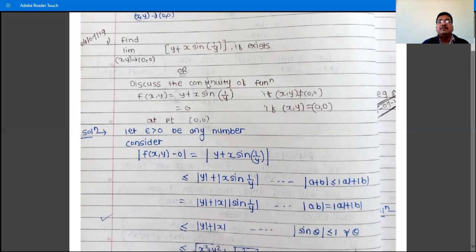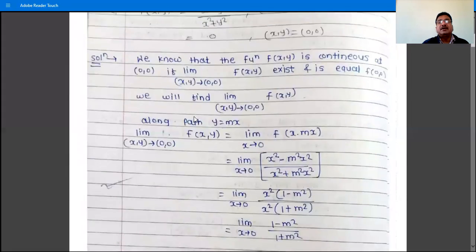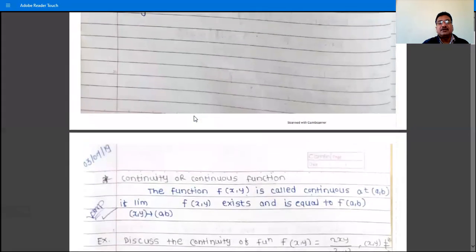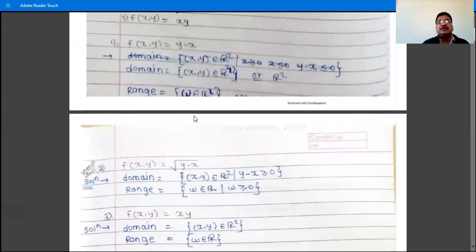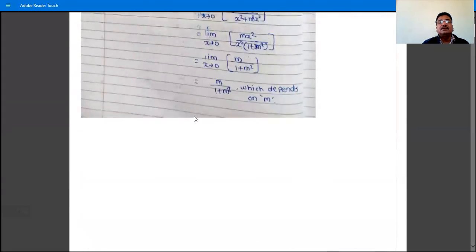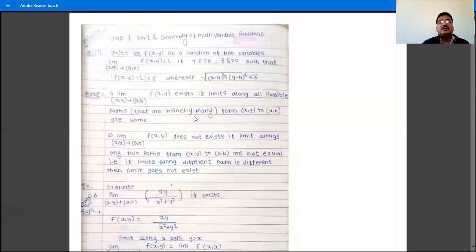So this is the problem of limit exists, and now we have to solve this problem by using the epsilon delta definition. This is the definition of simultaneous limit. What is the definition? The limit as (x,y) tends to (a,b) of f(x,y) is L if mod f(x,y) minus L, where L is the answer, is less than epsilon whenever root of (x minus a) whole square plus (y minus b) whole square is less than delta.